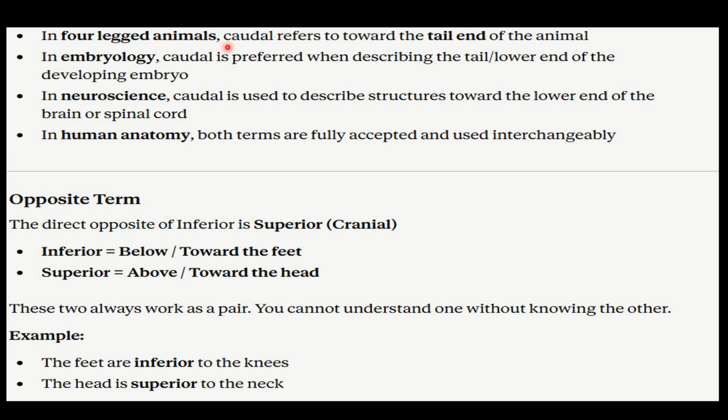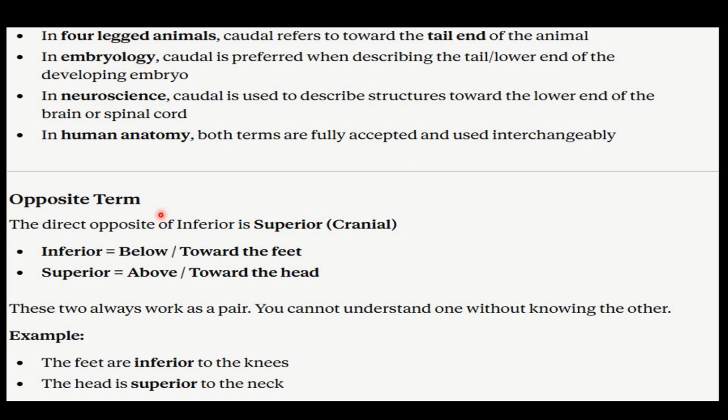In four-legged animals like cat and dog, caudal refers to the tail end of the animal. In embryology, caudal is preferred when describing the lower end of the developing embryo. Similarly, in neuroscience, caudal is used to describe structures toward the lower end of the brain or the spinal cord. In human anatomy, both terms are fully accepted and used interchangeably.